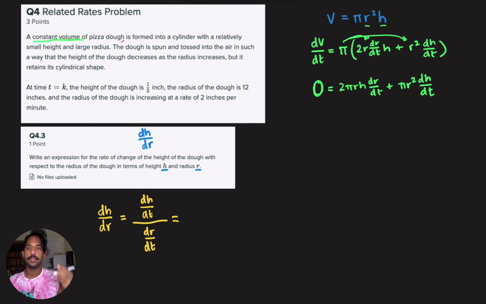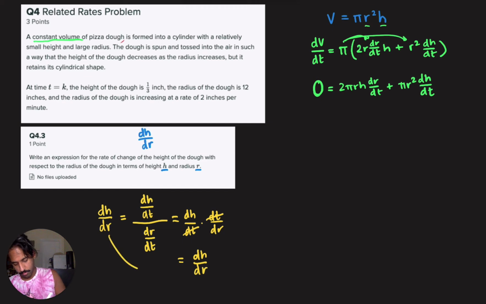As you remember, if we divide two fractions, it's the same as multiplying by the reciprocal: dh over dt times dt over dr. These dt's will get rid of each other as we multiply them out, and so we're left with dh over dr, which is what we wanted.